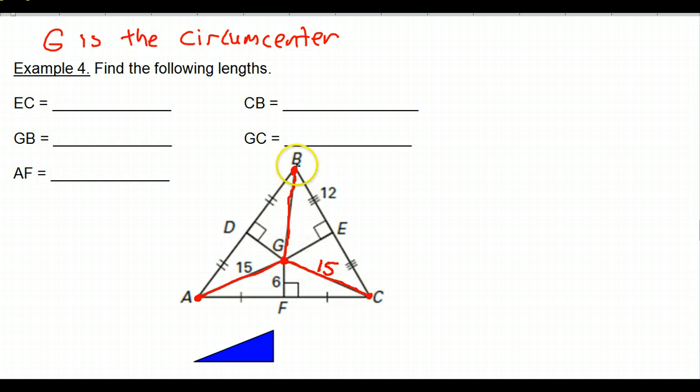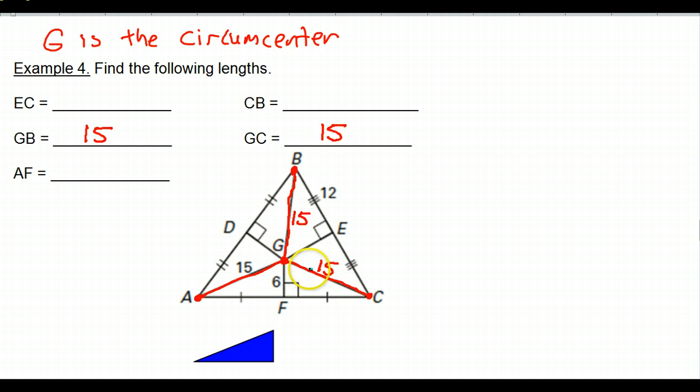That means BG is also 15. Alright, the distance to the vertices should be all the same. So that gives me 3 right there. Now, let's mark what I have. GC is 15. That's this one. So this is 15. Okay, GB, did they ask me that? Yeah, that's right here. This is also 15.